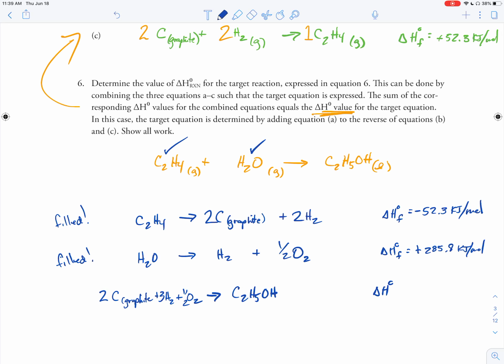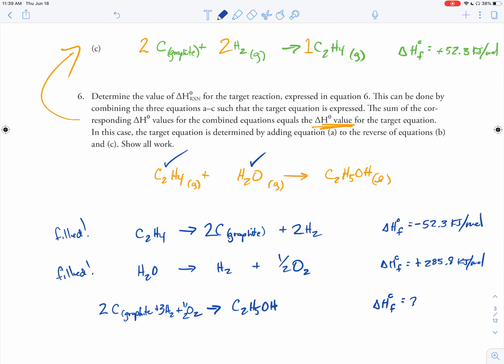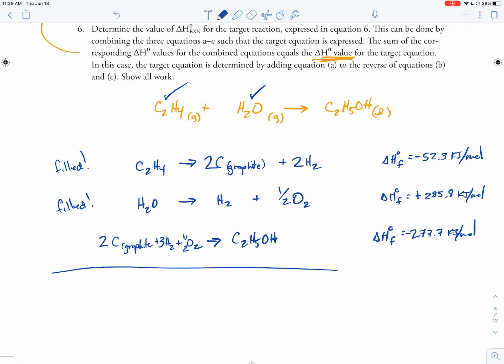Delta H naught of formation is the negative 277.7 right here. And we didn't flip that one, so we leave it the same.